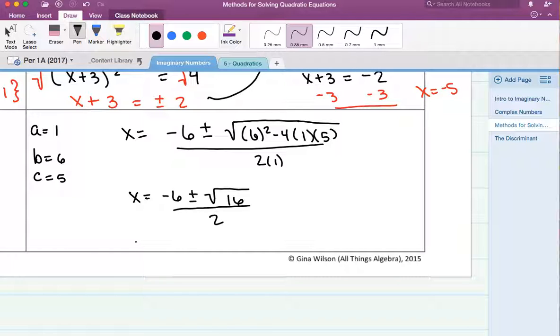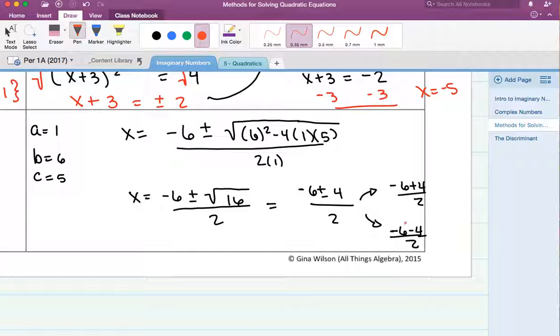So that's x is equal to -6 plus or minus 4 divided by 2. Square root of 16 is 4, and that turns into two expressions. -6 plus 4 divided by 2, and -6 minus 4 divided by 2.